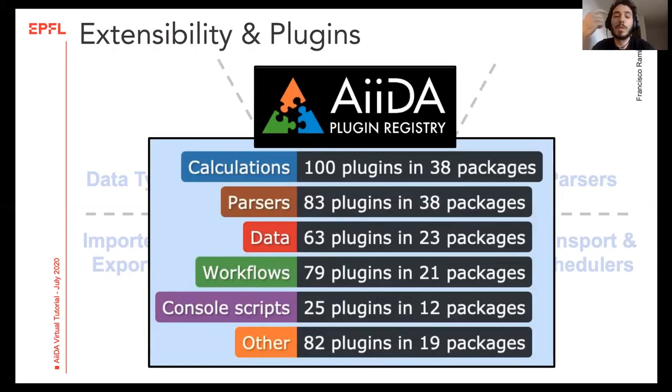So these are people who design plugins to deal with very well-known codes or very common data structures, which are then gathered into pip installable packages and published in the AiiDA plugin registry. In this tutorial, you will be running quantum simulations, and you will actually do so through one of the plugins specifically designed to interact with that code.